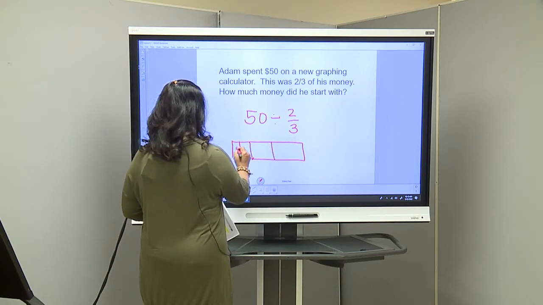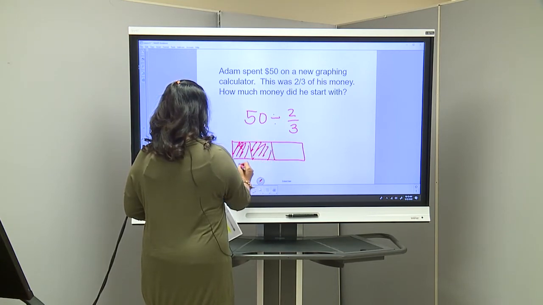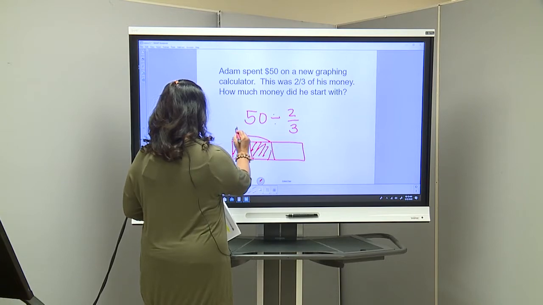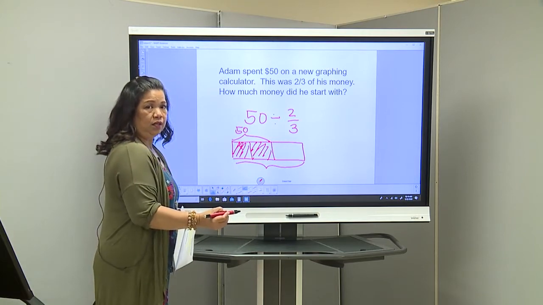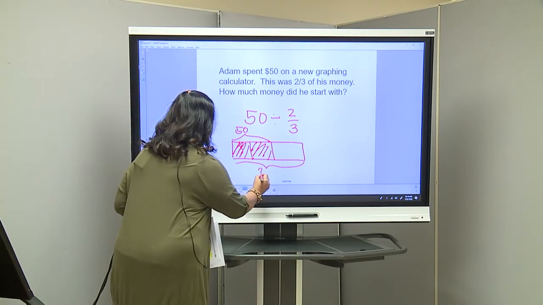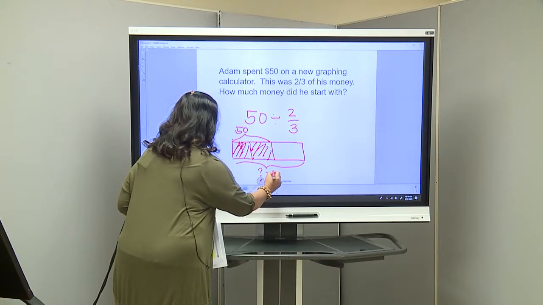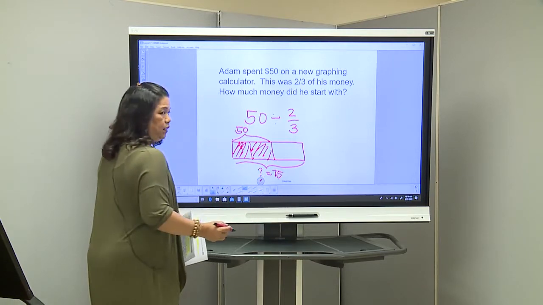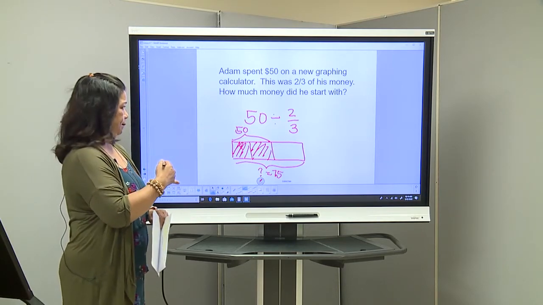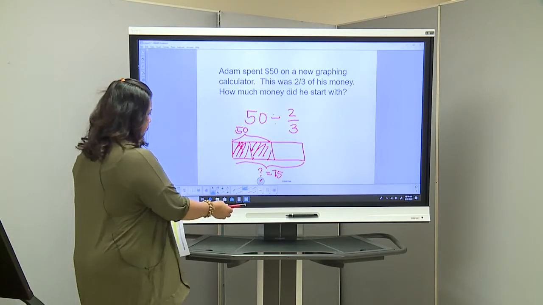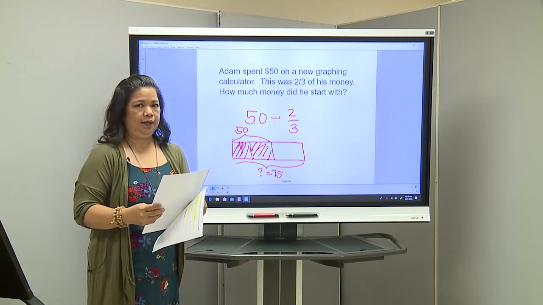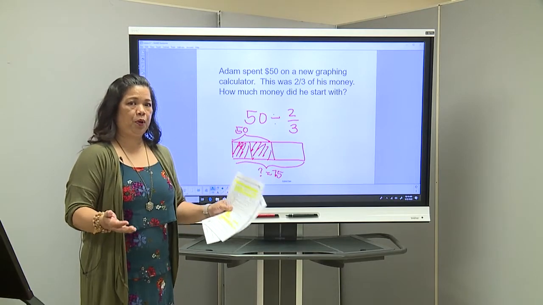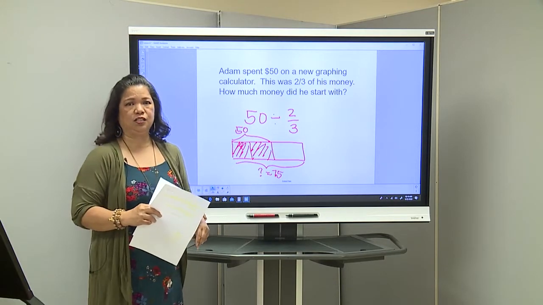This 2/3 right here represents 50, and we want to know the size of the whole thing, and in our calculation the whole thing is 75. So I am just rewriting what we did from the previous slide, so that we know if this division story problem is appropriate for this expression. So let's read.